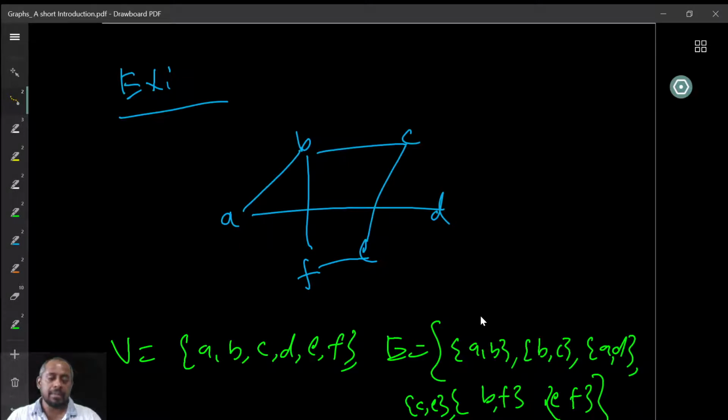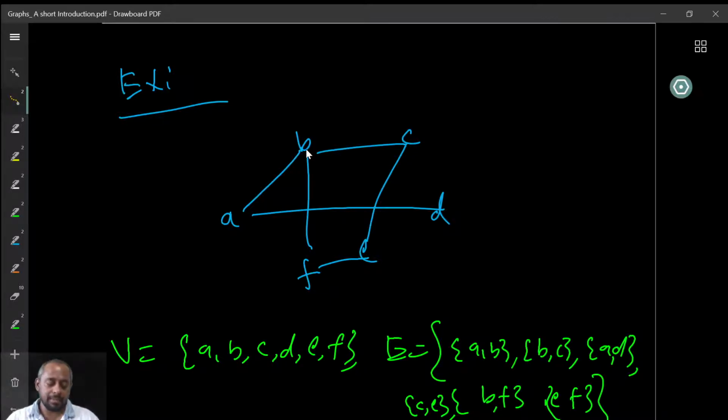So here is an example of how we usually represent graphs on R2. Here you have these points A, B, C, D, E, F, which are the vertices of a graph mapped to points on the plane.